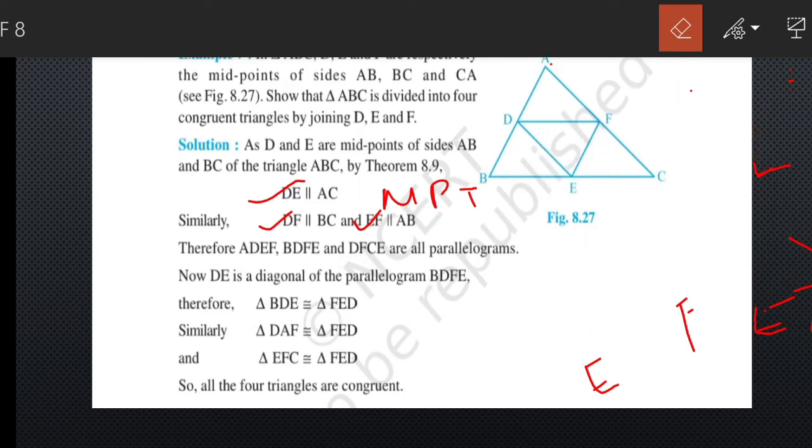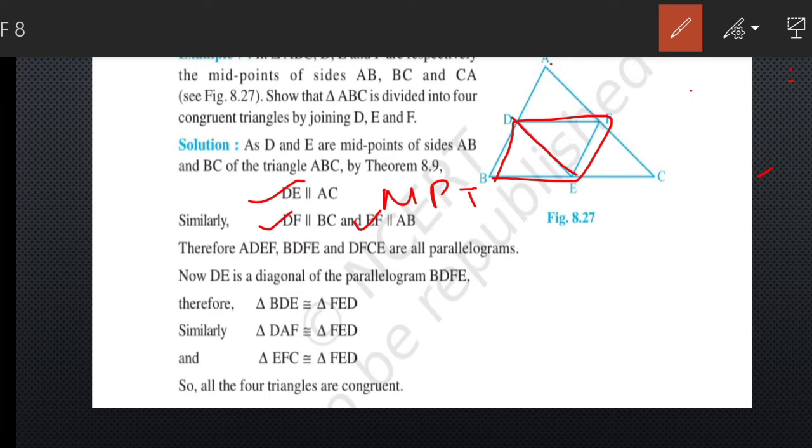Okay, now what we have to prove? Now see, DE is the diagonal of the parallelogram BDFE. When we consider this bottom parallelogram, DE is the diagonal.